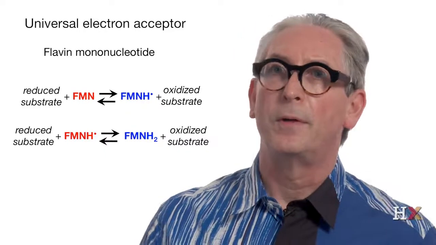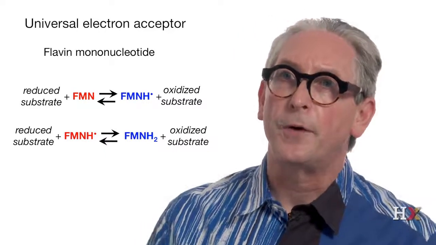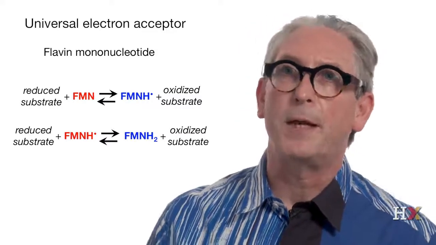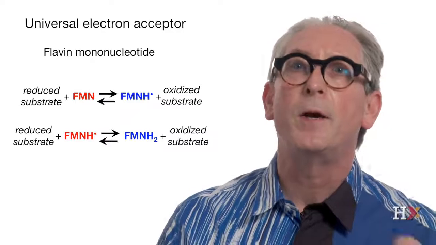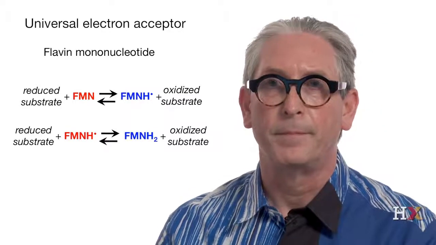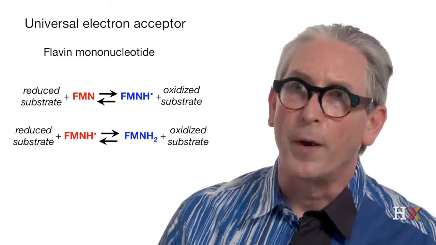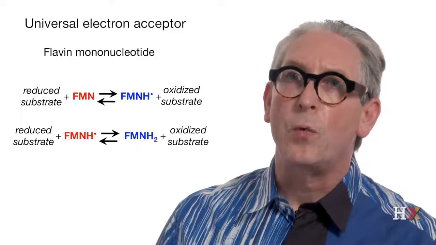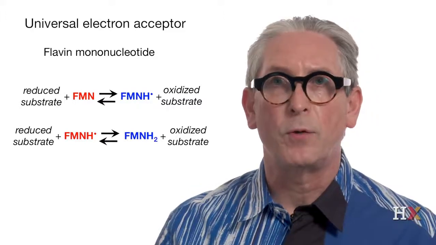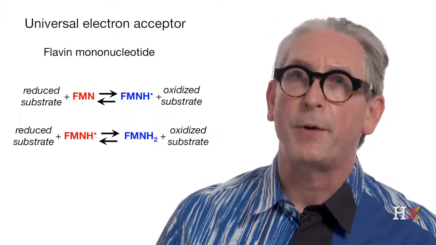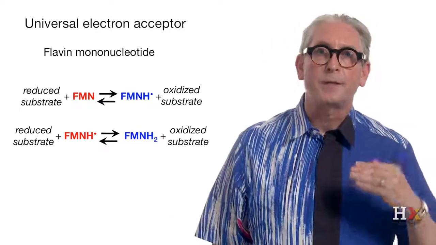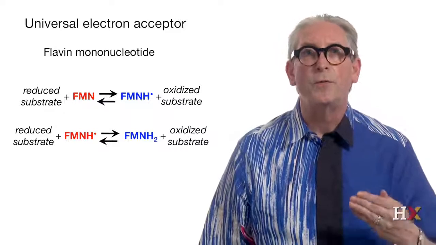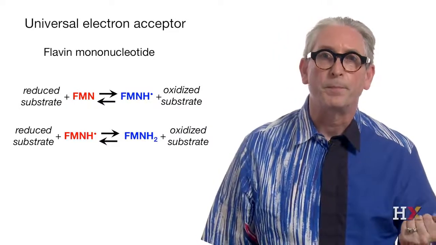Another example of a universal electron acceptor that belongs to the flavin family is FMN, the flavin mononucleotide. In the same way, FMN will react with 1 electron and 1 proton to form the semi-reduced FMNH, and then will capture a second electron and proton to form FMNH2.